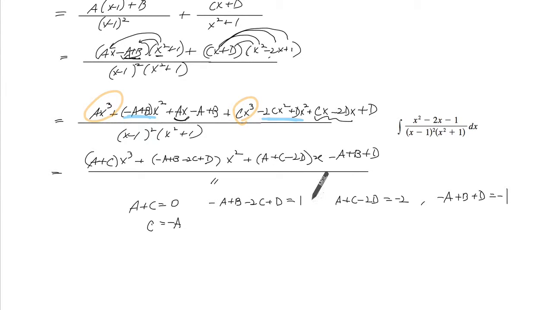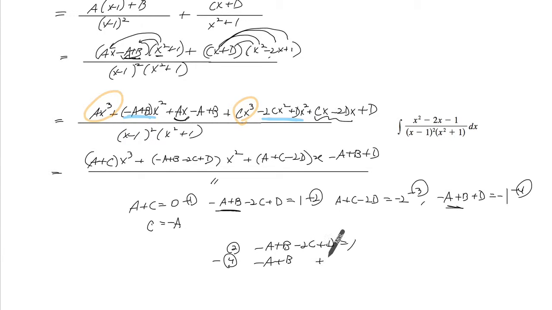Now, I can group two of the equations to eliminate some variables really quickly. Minus A plus B, minus A plus B. So let's call these equation 1, 2, 3, and 4. In equation 2, if you just subtract equation 4, we can quickly eliminate the A and the B. So minus A plus B plus D is equal to negative 1.